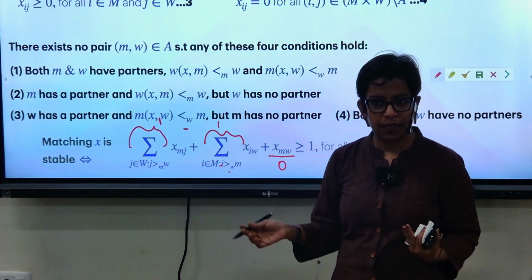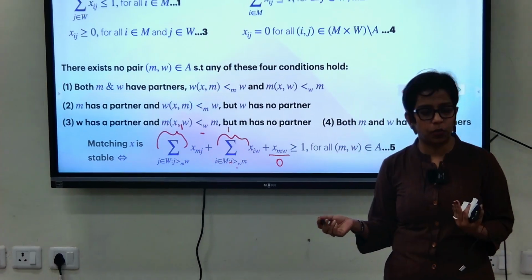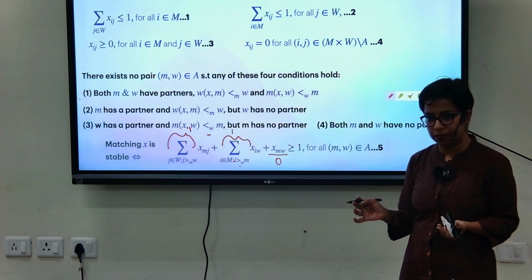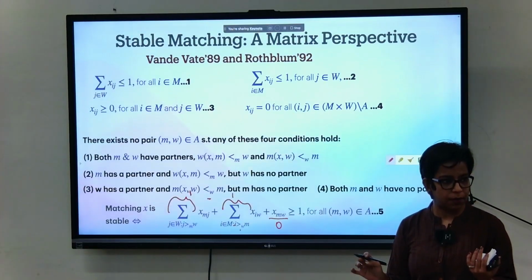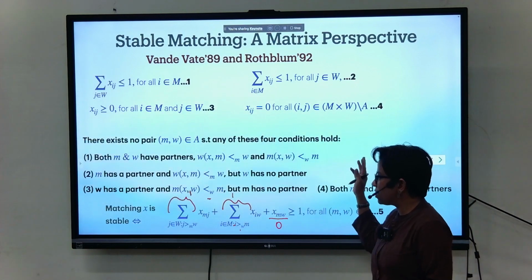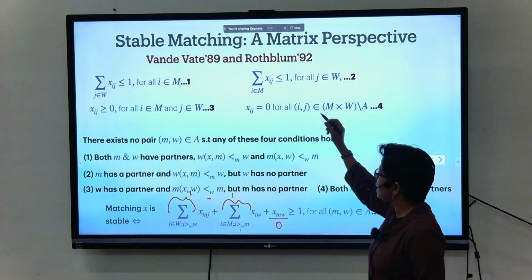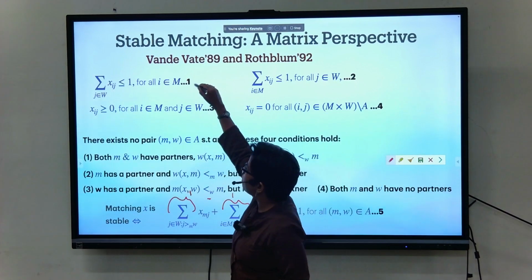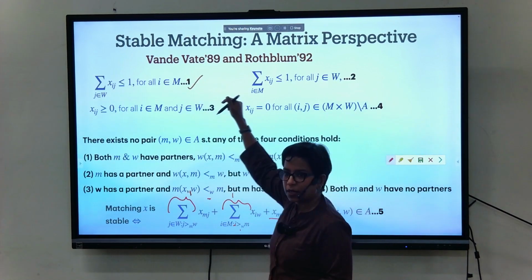Correct? That means that M and W are not forming a blocking pair. Straightforward? Okay. So that's what we define this as. A matrix X which satisfies these are what we call matching constraints.